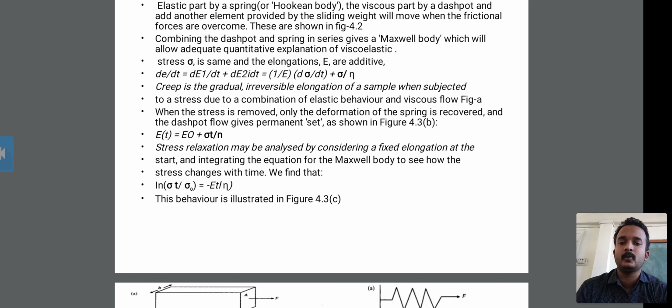You also have to know about examples such as rubber. You stress from one side, then from the other side, then again from one side. Therefore this stress is due to the combination of elastic behavior and viscous flow.